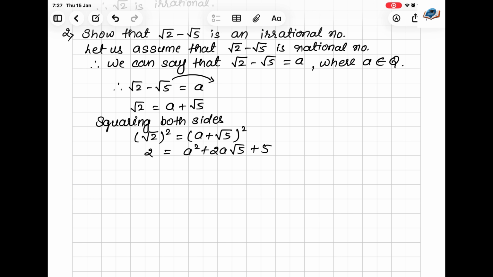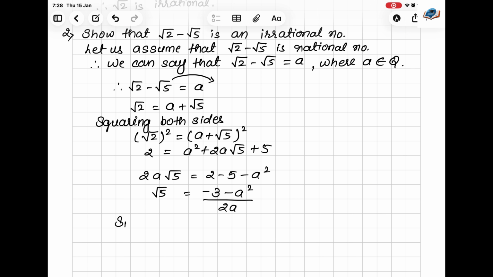Now making 2a root 5 alone on one side, 2a root 5 will be equal to 2 minus 5 minus a square. So now making root 5 alone, root 5 will be equal to minus 3 minus a square upon 2a.